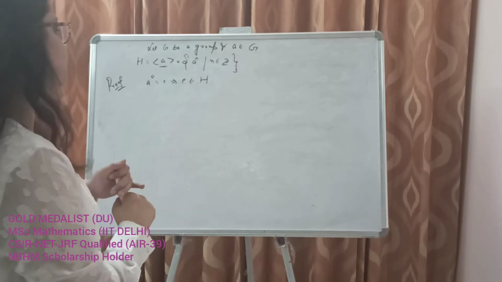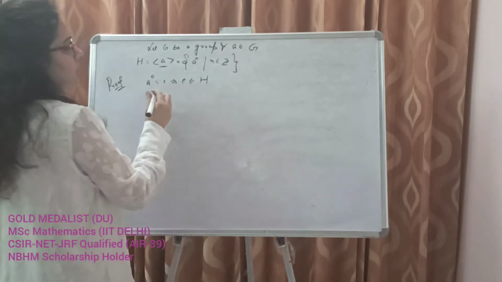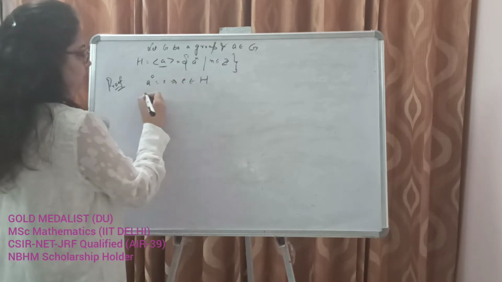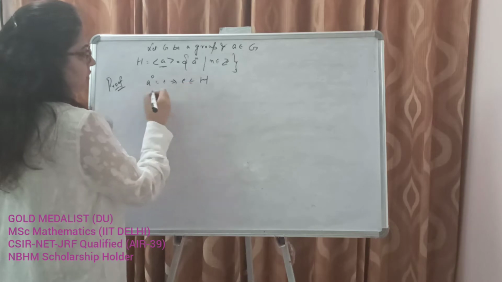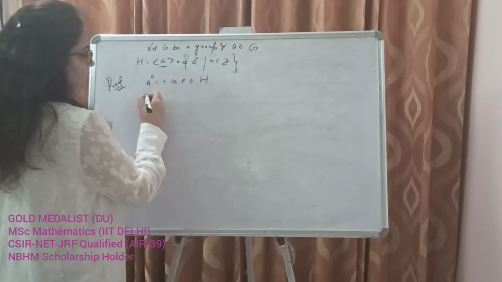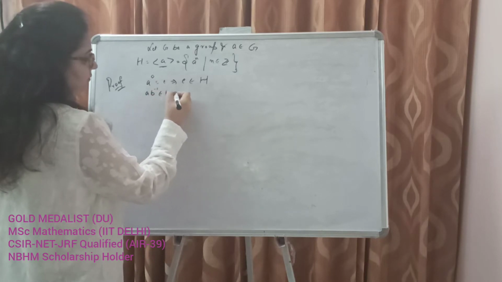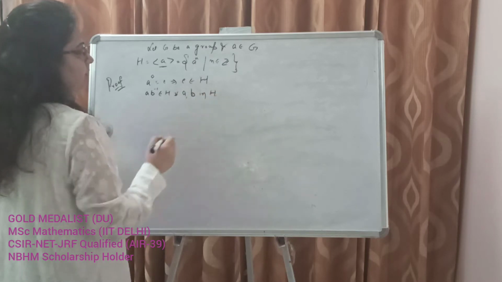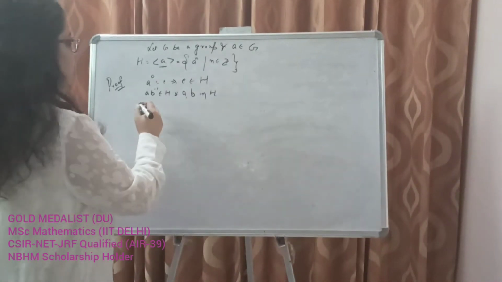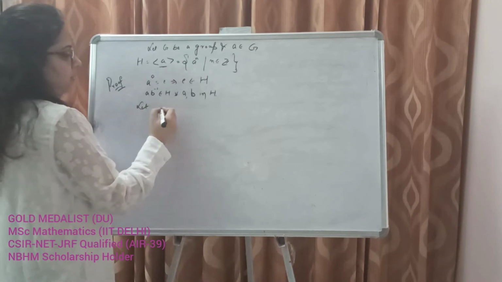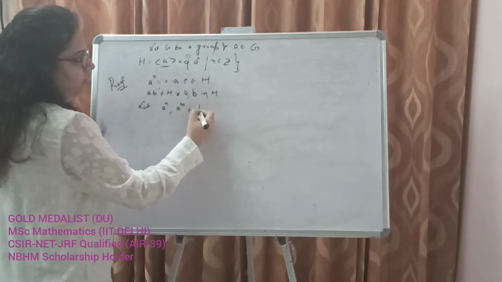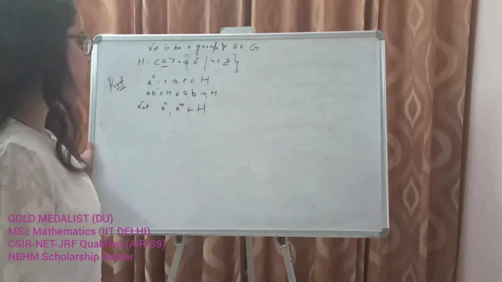And the second point to be proved is, correct, so let a^n and a^m belong to H, right?